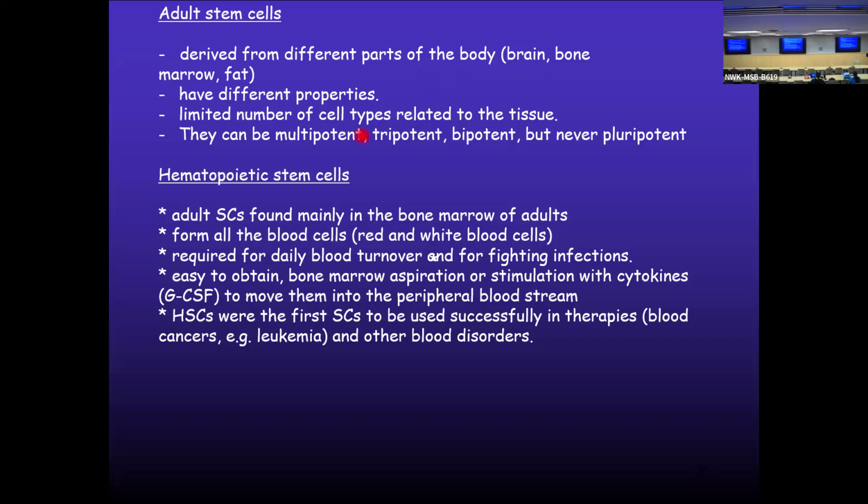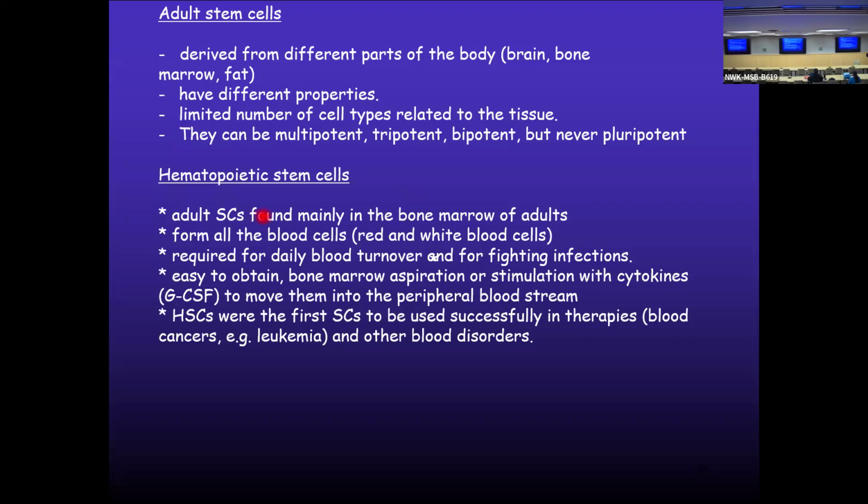They can be multipotent, tripotent, bipotent, but never pluripotent, okay? This pluripotent feature is very, very specific, or ascribed, to the embryonic stem cell. So the most popular ones are the hematopoietic stem cells as adult cells.